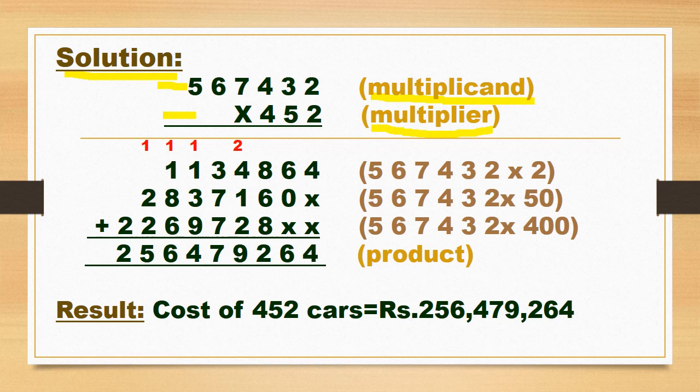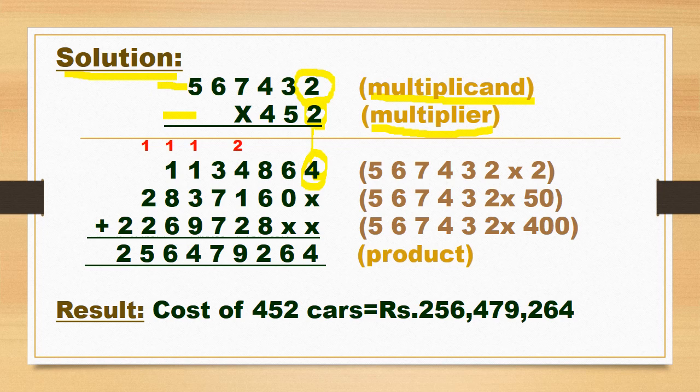We always start with the units digit of the bottom number, that is the multiplier. Now multiply it by the last digit in the top number and write the answer below the line. Now first multiply 2 times 2 and we get 4.